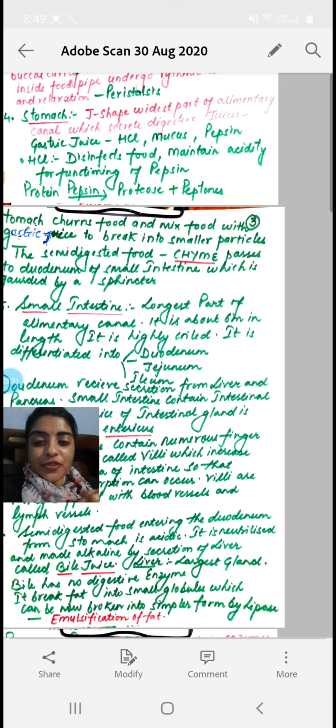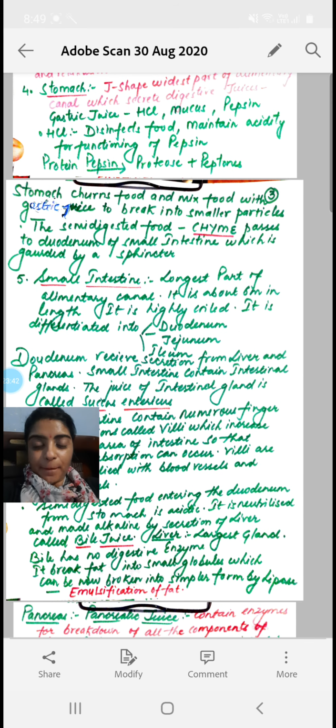Now this gastric juice secreted by the stomach contains various chemicals like HCl, mucus and an enzyme known as pepsin. HCl, we all are familiar that it is hydrochloric acid. So hydrochloric acid is one of the strong acids, we studied acids and bases in chemistry. Okay, so as I have discussed the role of HCl in the chemistry lecture also.